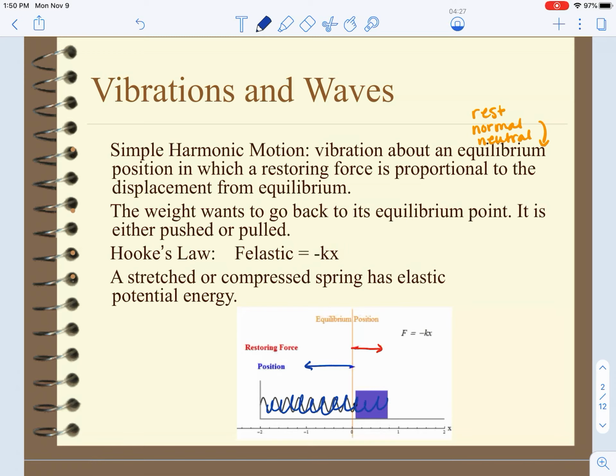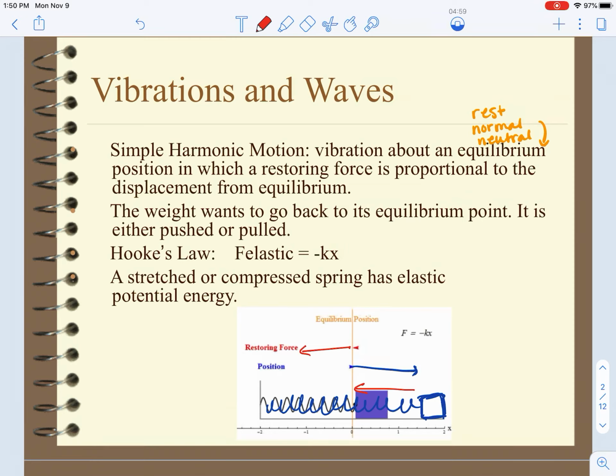So once it begins moving, it actually is going to end up overshooting that position, and our poor little box and spring are going to end up over here past equilibrium. So now we would have a displacement in this direction. So now my box has moved to the right of equilibrium position, which means that it once again really wants to get back to that neutral resting place.